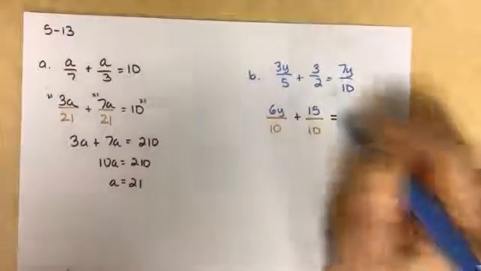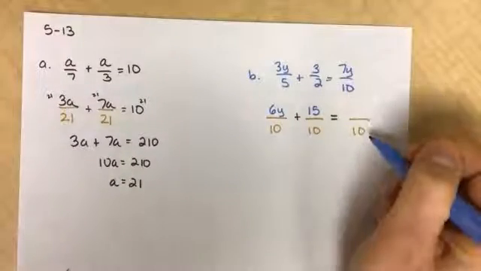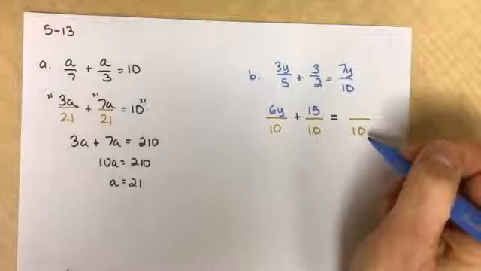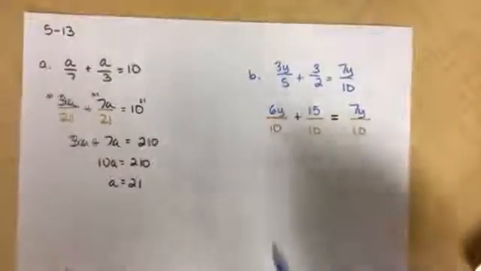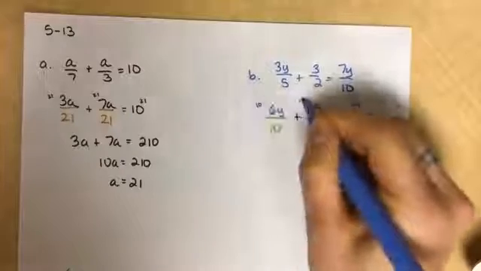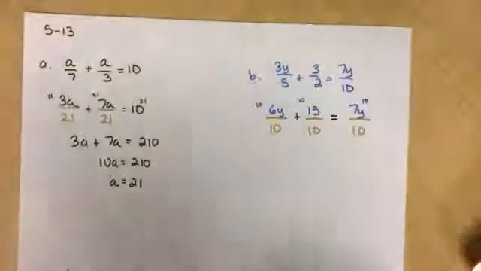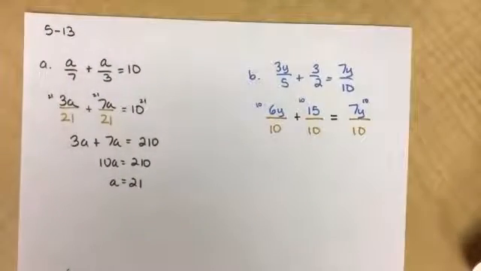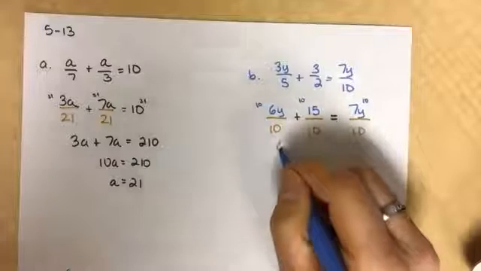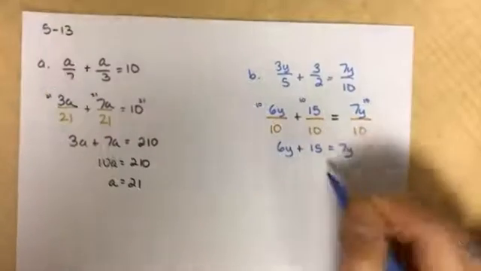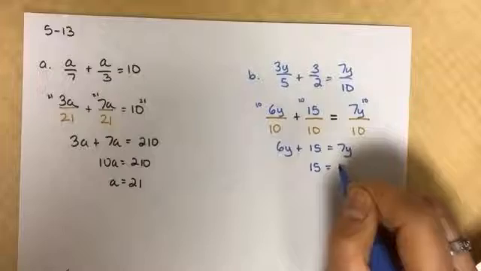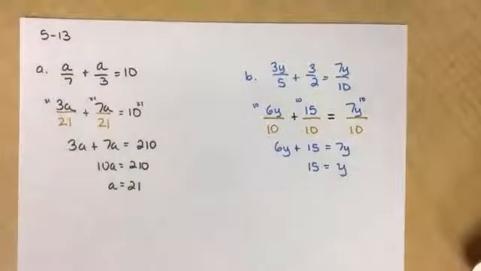So 3 becomes 15. Scaling 10 to 10, well, that's the same, so that stays the same. Now I can multiply through by 10. But remember, anything that has that golden denominator, it's just going to go away. Now I'm going to subtract 6y from both sides, and there's my answer.